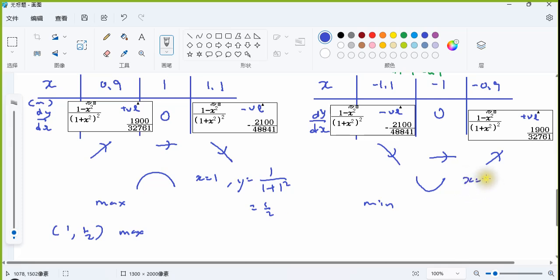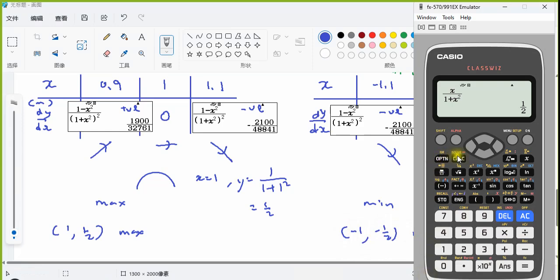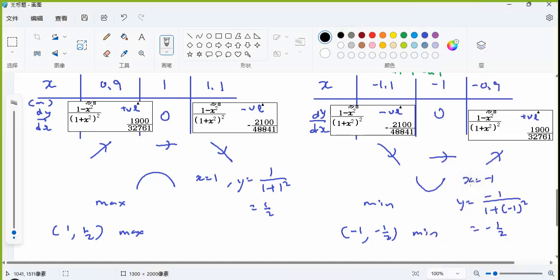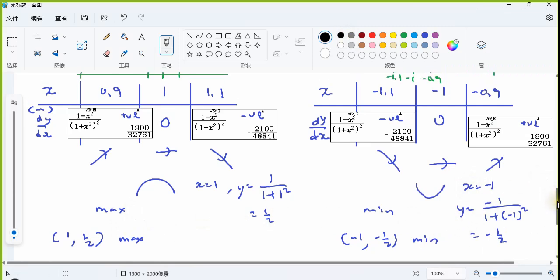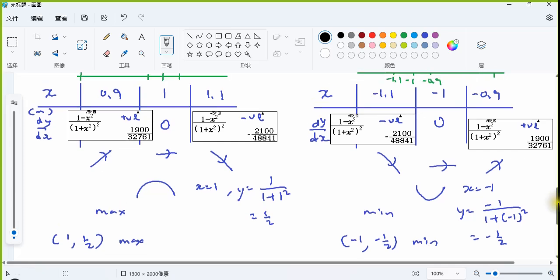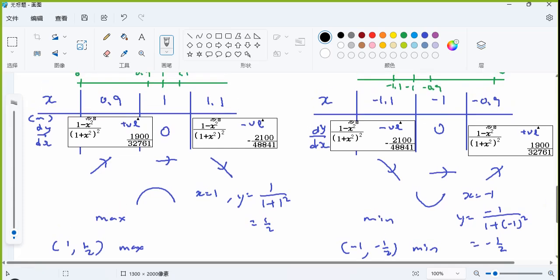So when x equal to negative 1, y equal to negative 1 over 1 plus negative 1 squared. So it's negative half. So (negative 1, negative half) is the minimum. So this is how we check whether it's maximum or minimum when it is difficult to find the second derivative.